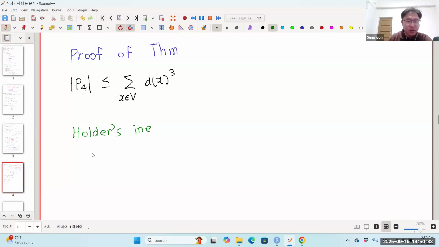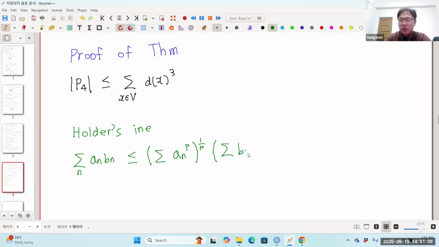So let me just generalize the inequality. If you have a sum of a_n times b_n, the series in n, then this is bounded above by the following: the sum of a_n to the power of p, to the 1 over p, and then times the sum of b_n to the power of q, to the 1 over q.